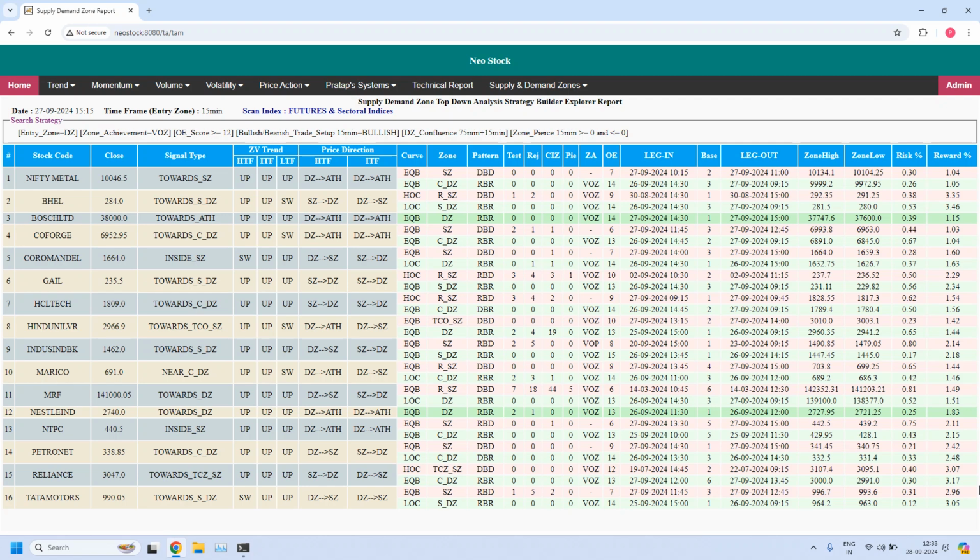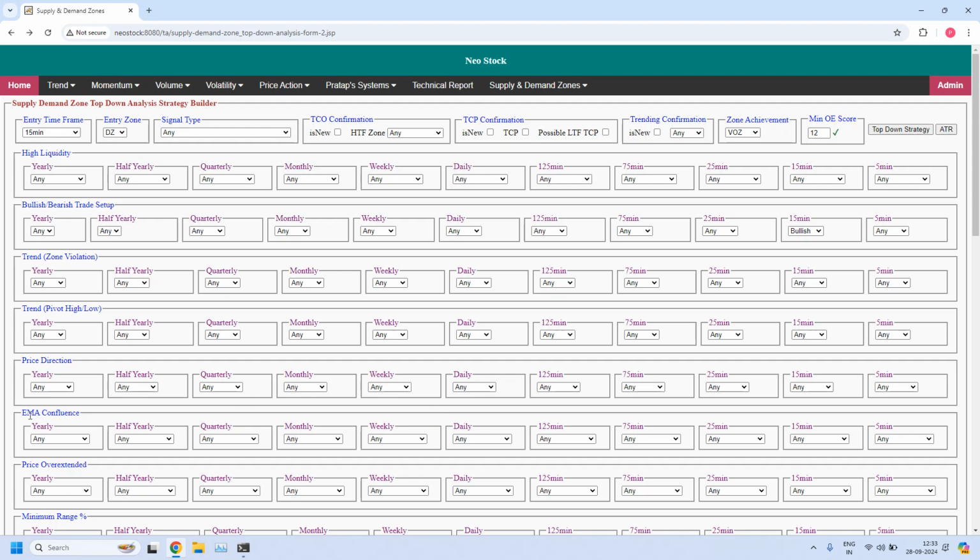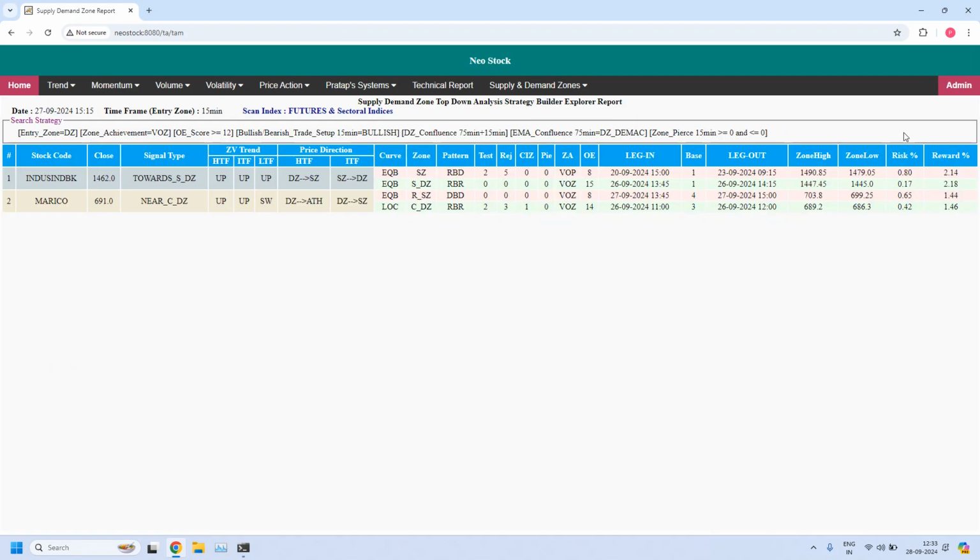Because the 15 minute zone is part of the 75 minute zone, and the 75 minutes trend is uptrend. If any of these 75 minute zones are having daily EMA confluence, probably they are high probability setups. Let's verify. So in the EMA confluence at 75 minutes time frame, 75 minutes demand zone with daily EMA confluence.